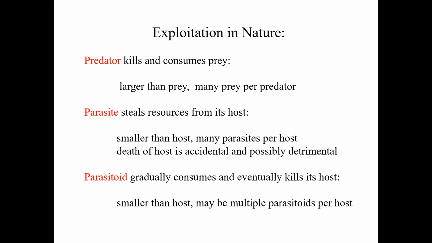And if it's doing that really efficiently, it might accidentally cause the death of its host. So by that definition, things like tapeworms are parasites, but also things like grasshoppers eating grass. Those are parasites. They don't kill the grass, they steal resources from it. They eat some of the leaves and then go away.